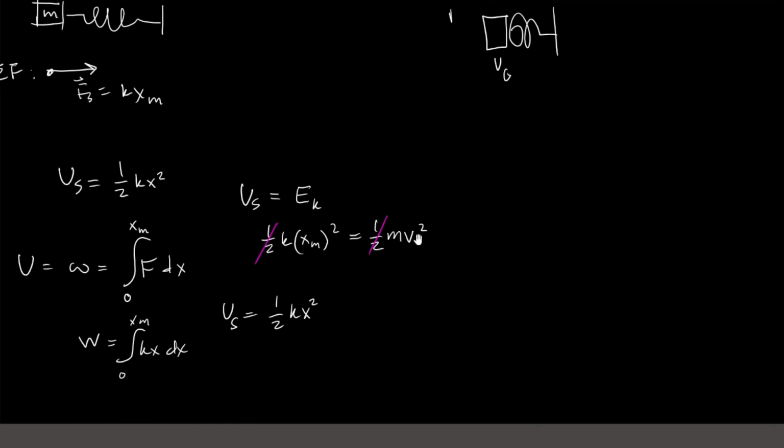And solving for v, we'll divide both sides by m, so we get v equals the square root of kx squared over m.